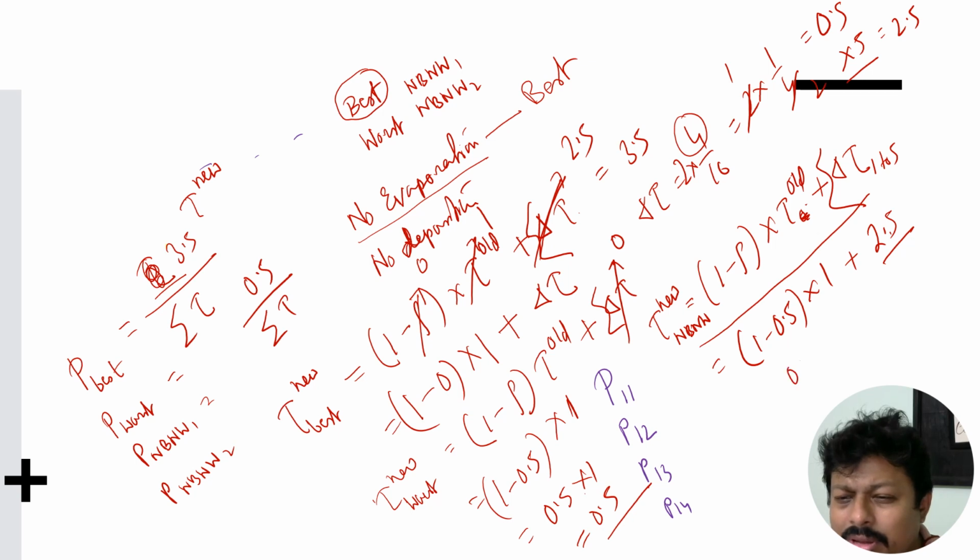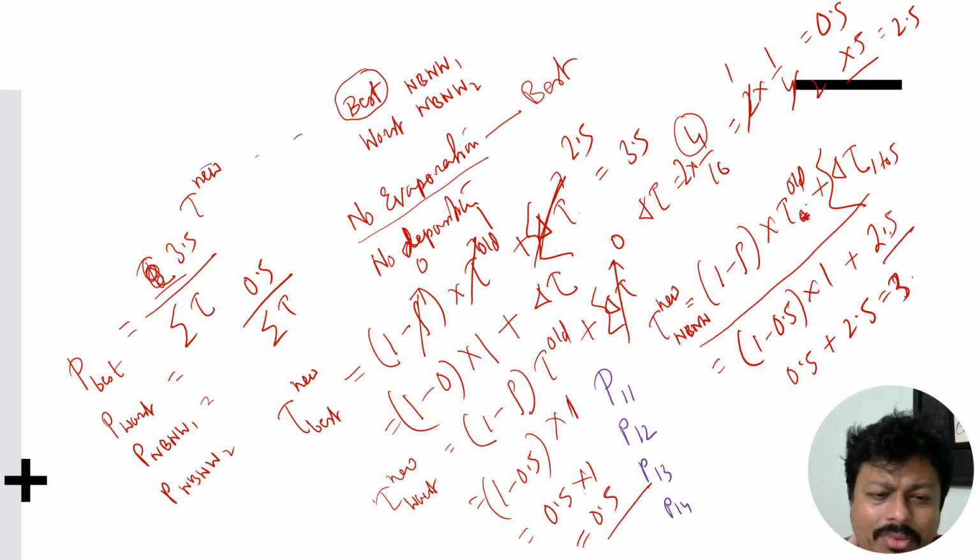So 0.5 plus 2.5, this will be 3. So for both these cases, NB W1 and W2, these will be 3. So the total, the summation of tau, will be 3.5 plus 0.5, 4, 7, 10. So this summation of all tau will be 10 this time.